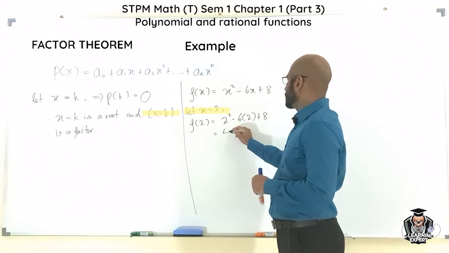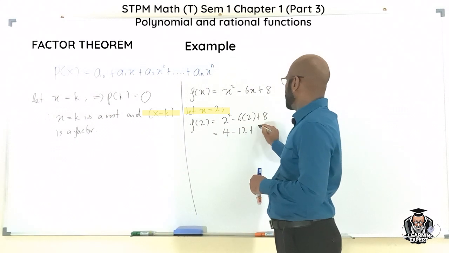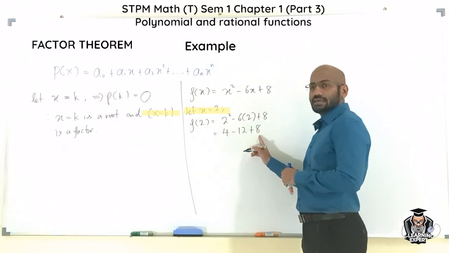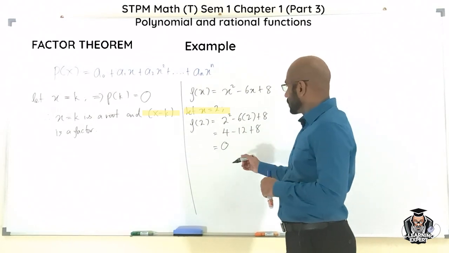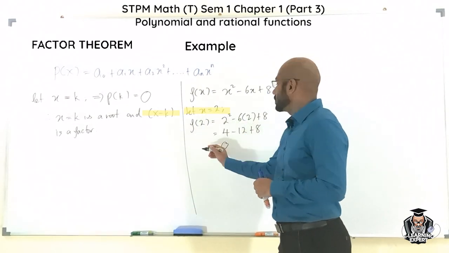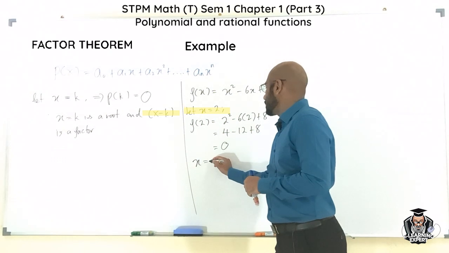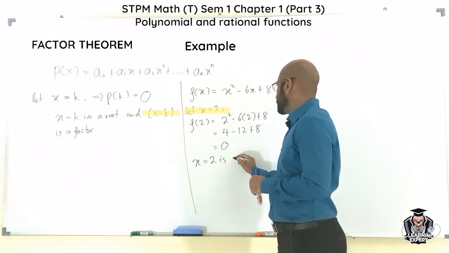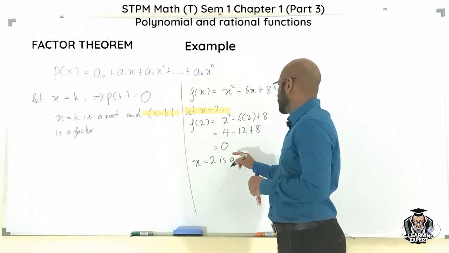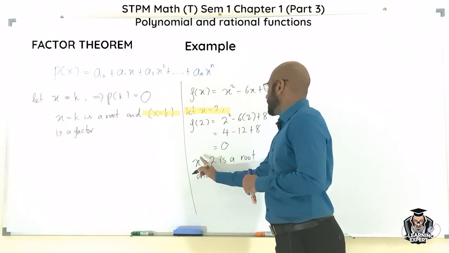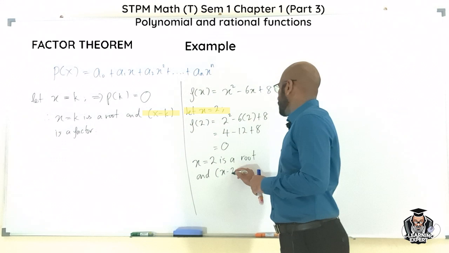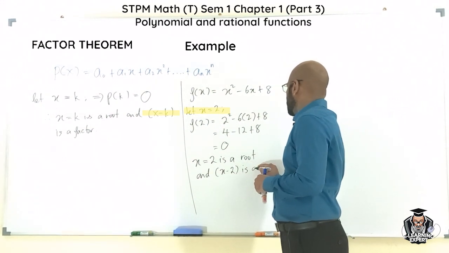So this gives us 4 minus 12 plus 8. 4 plus 8 is 12. 12 minus 12, we got 0. So that means this value that I substituted in, x equals 2, is called the root. And if I bring the 2 over, x minus 2 is a factor.